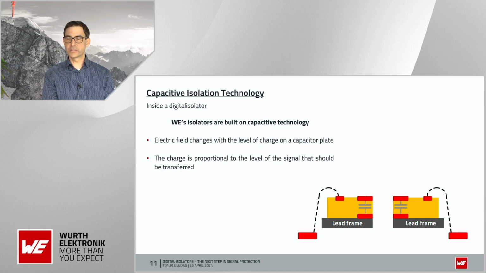The dielectric material between the capacitor plates also serves as a galvanic isolation. Let me show here and here, this yellow stuff. The digital isolation material is SiO2, so it is silicon dioxide.